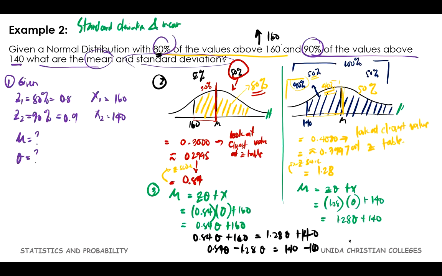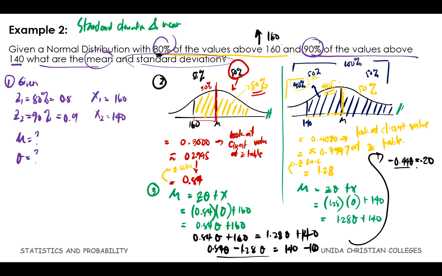Let's continue here. So, dito muna tayo. 0.84 minus 1.28, we will get negative 0.44 standard deviation. Nakakasunod? Then 140 minus 160, we will get negative 20.